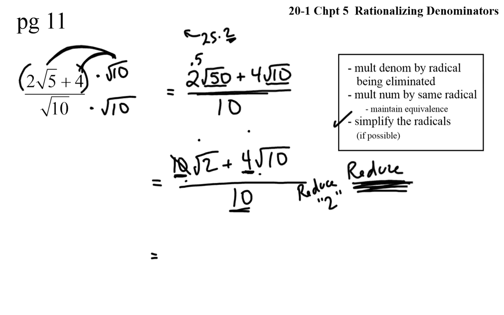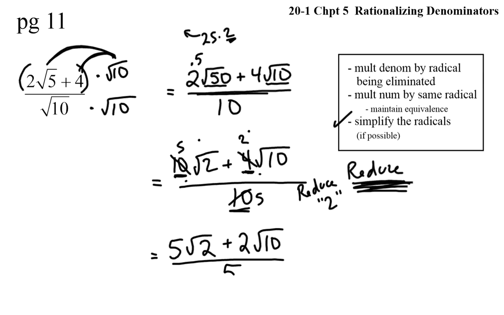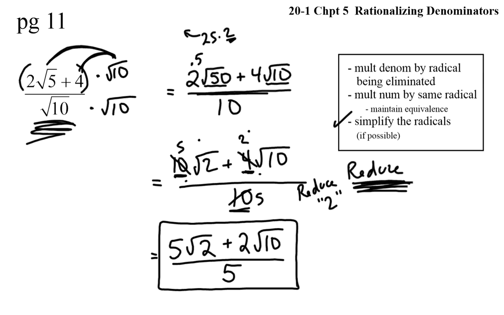So if I reduce everything by 2, I see that I end up with 5 root 2 plus 2 root 10 over 5. And I have a new radical expression that got rid of the radical that's a root 10 and replaced it, or simplified it, to a rational whole number 5.